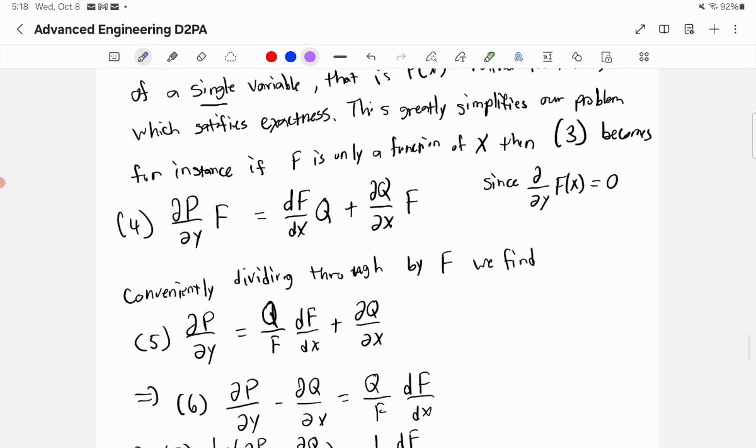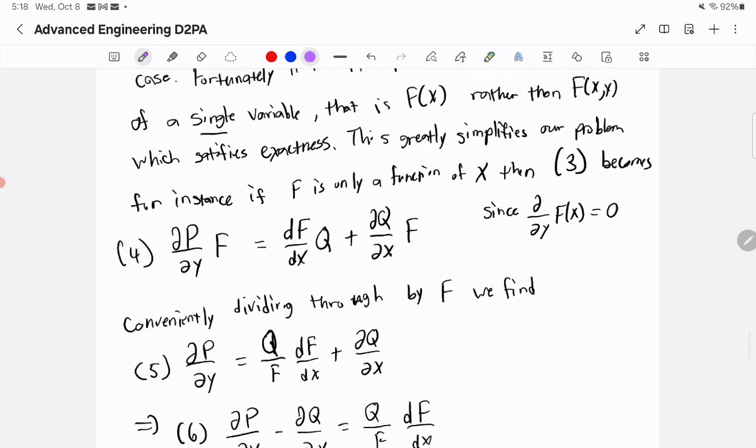However, if we make a further assumption, and this simplifies our problem, but it doesn't apply in all cases, so we can't always do this. It simplifies our problem if we assume that the function f is only a function of a single variable rather than multiple variables, right?